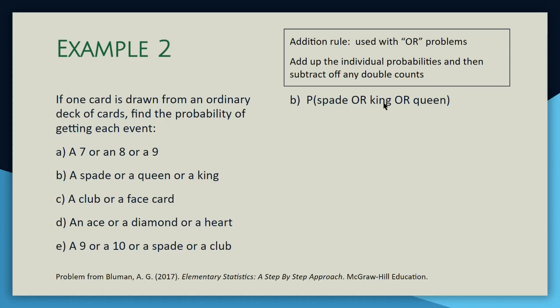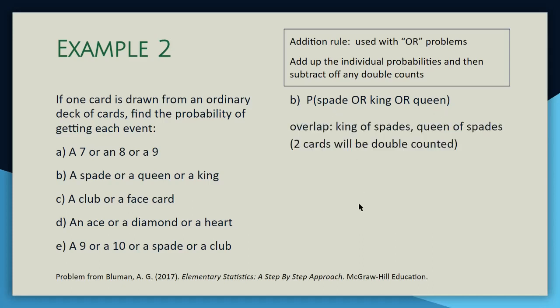So the only overlap I'm worried about is the king of spades and the queen of spades. So 2 cards are going to be double counted. When I set up my addition rule, I need to subtract off that double count. So spade or king or queen is going to be spade plus king plus queen minus that overlap at the end.